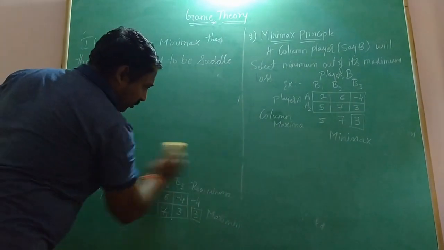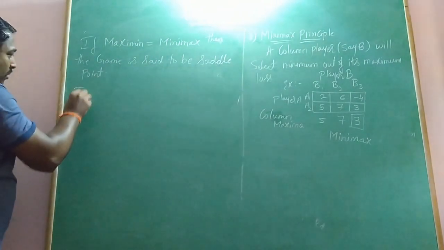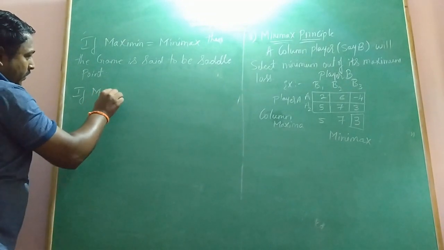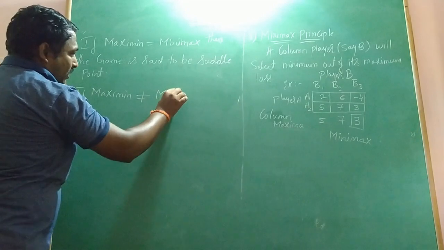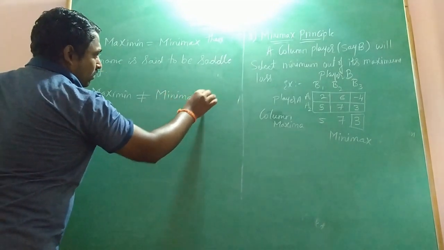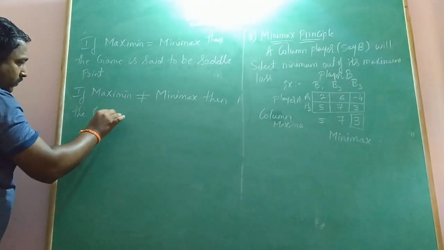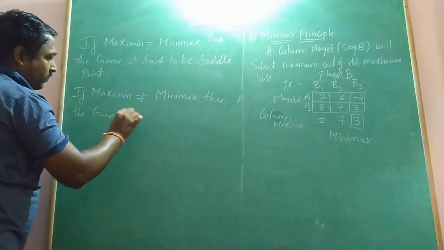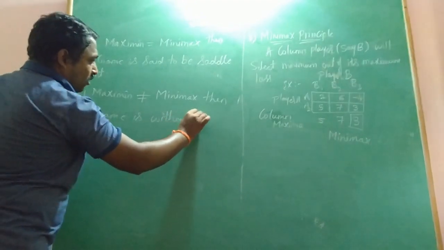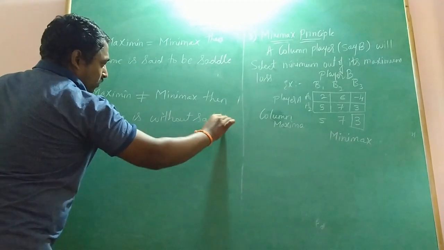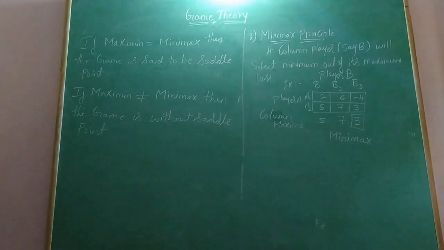If maximin is not equal to minimax, then the game is without a saddle point.